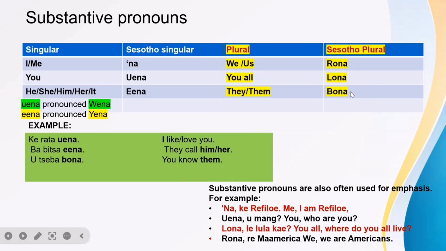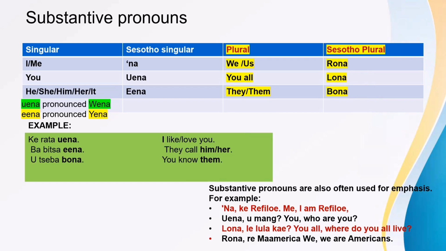So just make sure that you pronounce it properly. It is not bona, it is bona. It's they or them. But when you say bona, now that's a different word. Bona means see. But bona means they or them.